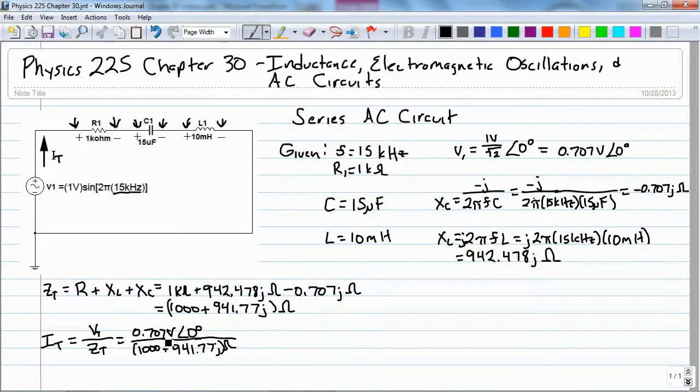To be able to divide this, I need to put this into the standard form.